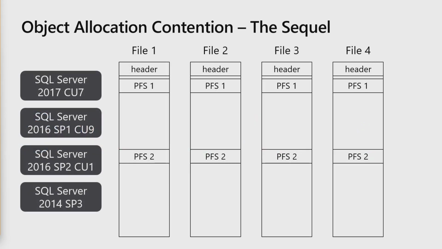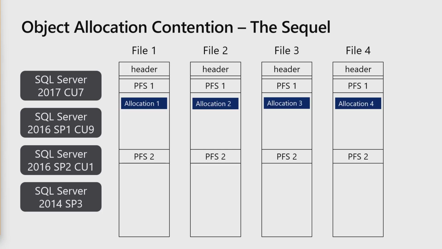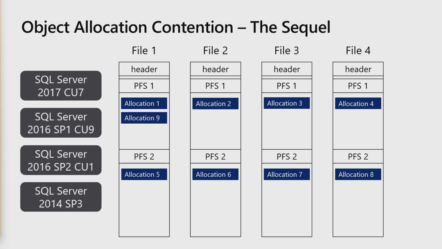For every release in CU that is shown on the slide, we released a new PFS allocation algorithm. Normally with the round-robin algorithm, every subsequent allocation would hit a new file. The first allocation would go to file 1, and then file 2, file 3, and file 4. The old way would go back to file 1, 2, 3, 4, and would keep doing that until we fill up and switch to the next range of PFS pages.